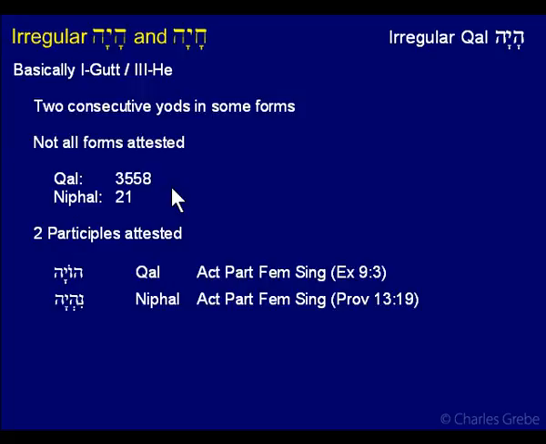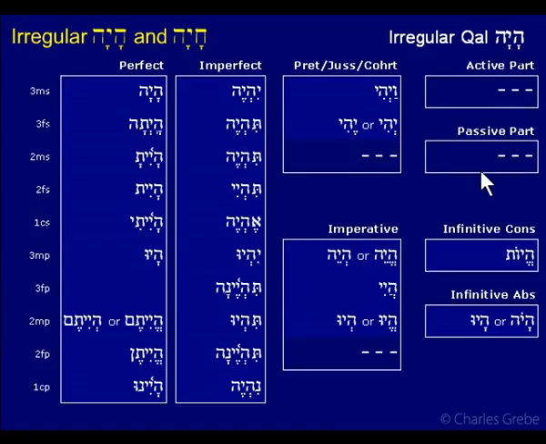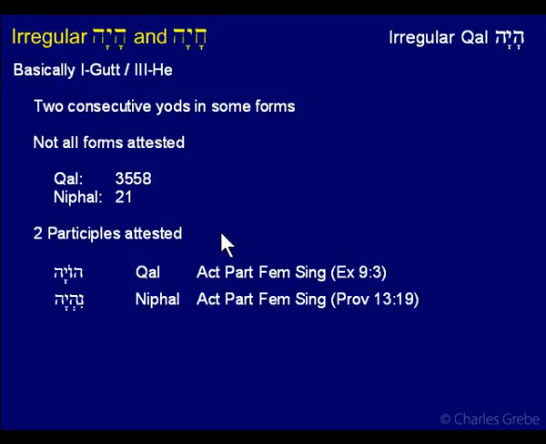The verb to be is mostly in the kal. I did a quick search with Accordance and found about 3,500 verbs to be in the kal, and 21 in the nifal. So it's very much strongly in the kal. Nothing in the hifil. So the verb to be is simpler that way. Ross doesn't show any participles in his listing, and I guess that's because there aren't many.